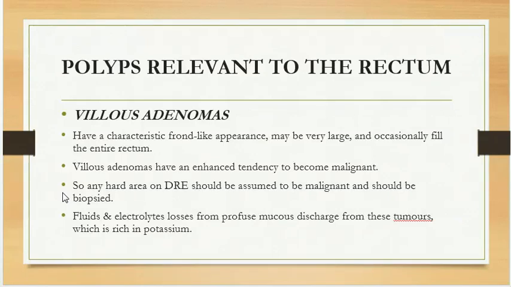So if we talk about the polyps relevant to the rectum, there are a number of polyps, described in terms of their appearance or histological variety. In terms of appearance, it means whether they have a pedicle, whether they are sessile, or maybe flat. Histological composition divides them into tubular, villous, and tubulovillous varieties.